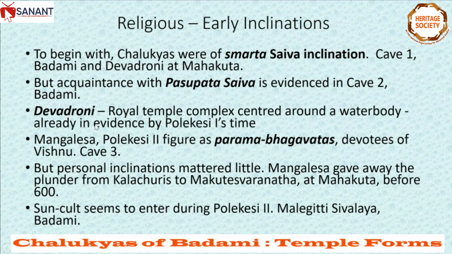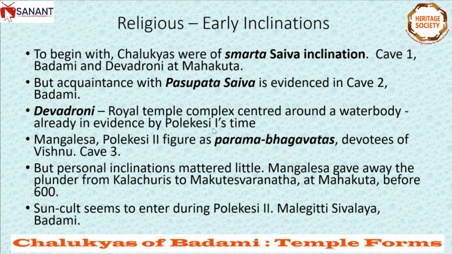Then we have the concept of Devadroni, which is a very important thing for the Chalukyan temple clusters, as we may call it. These Devadronis are basically royal temple complexes centered around a water body, like a natural spring or a river, for instance.